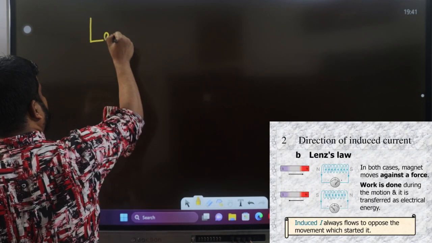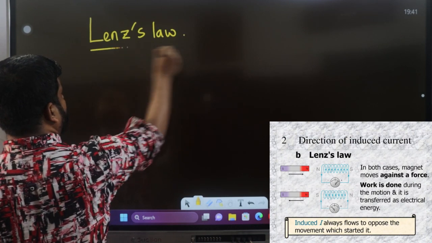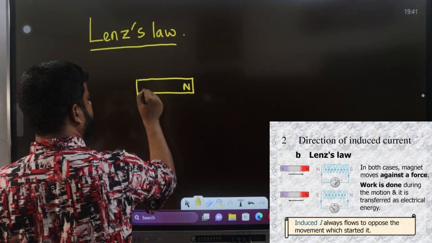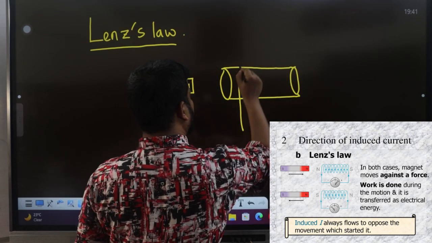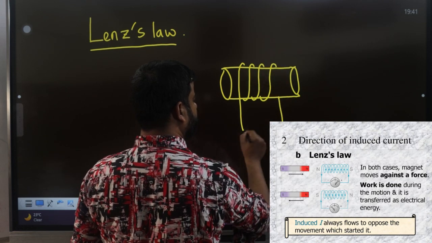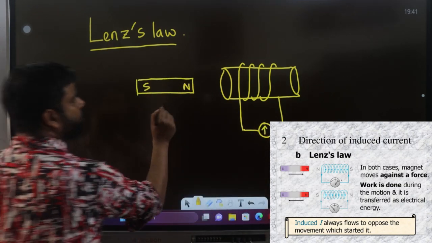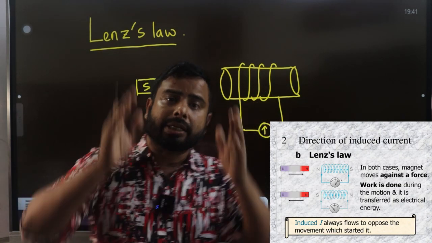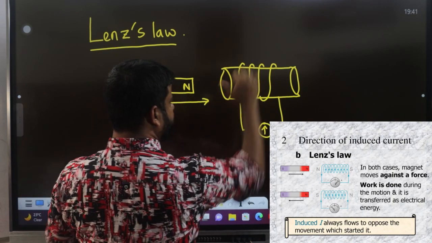Lenz's law states that, say there is a north pole, here is a south pole, and this one is the closed loop coil. The direction of the induced current will be in such a way that it opposes the cause which produces the induced current.